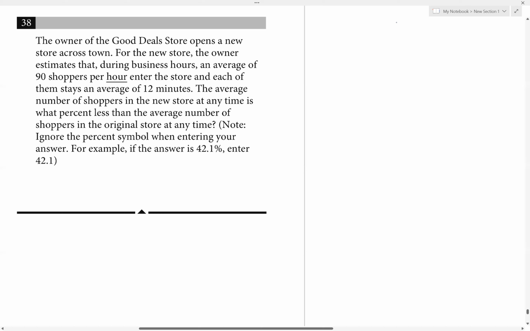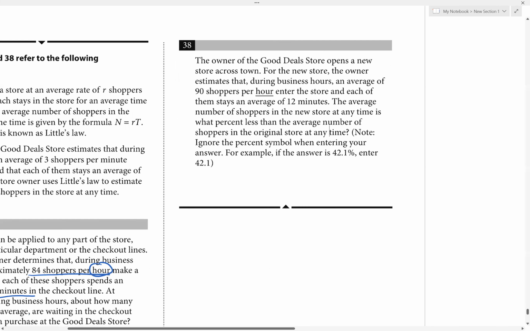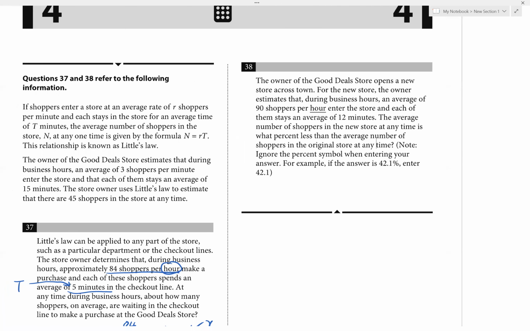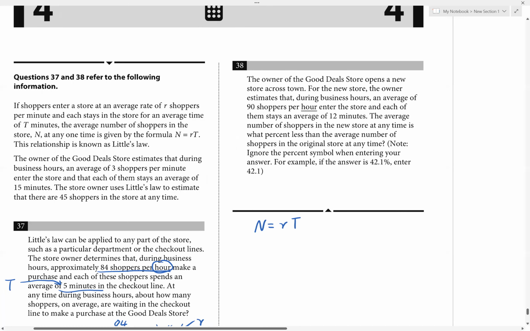So you go back up here, let's take a look at the formulas, and then you go to N = RT. R represents the number of customers that enter the store at the average rate, T is how long they stay inside the store, and N is how many customers we have in the store at a given time. So for this question 38, what do we know?